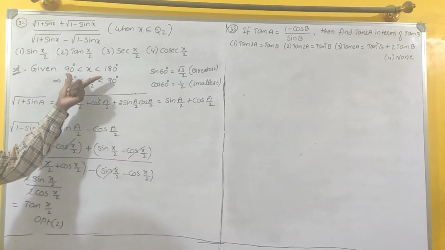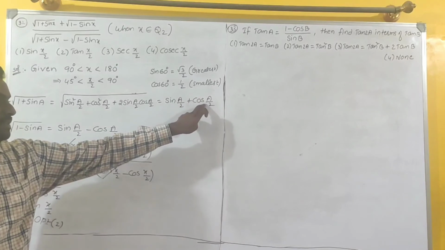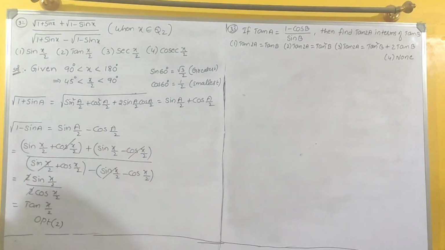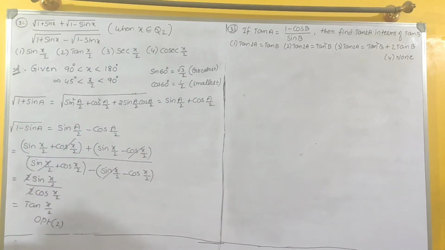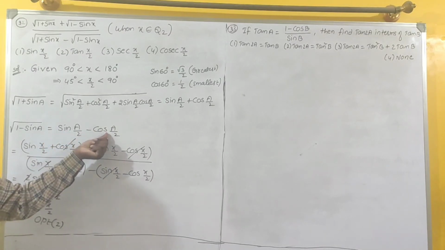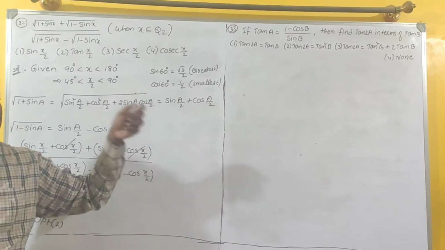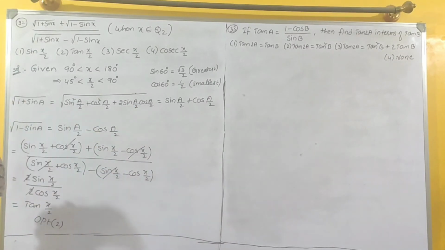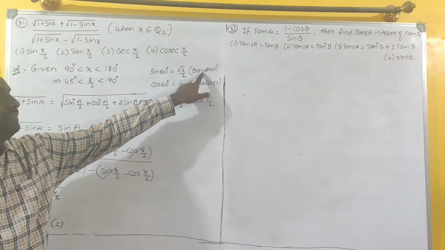Why, sir, explain this. Here this expression can be written as sin plus cos and sin minus cos, as well as we can write cos plus sin, cos minus sin also correct. So here in place of sin minus cos, I can write cos minus sin also. But that will depend on the given condition. In this condition, which is greatest?